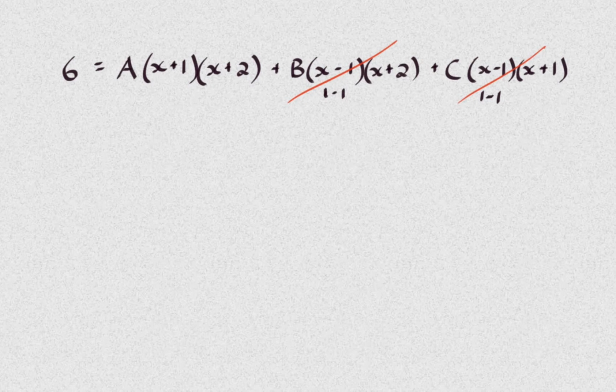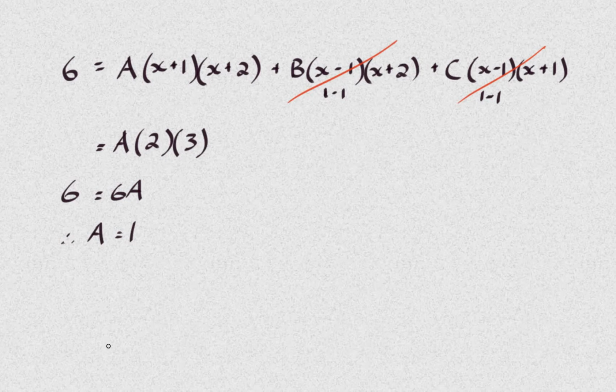And so when we substitute in x equals 1, over here we have 1 plus 1 is 2, and 1 plus 2 is 3. And so we have 6 lots of a equal to 6, and therefore a equals 1. How good's that?